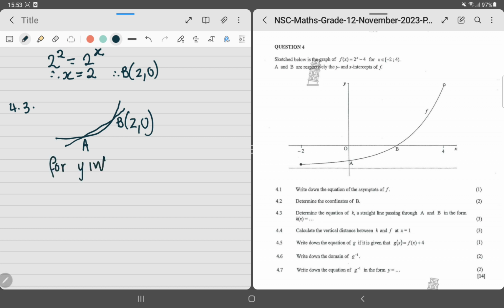For the y-intercept, set x equal to 0. Therefore, the coordinates of A is (0; -3). Now we can find the gradient of AB.